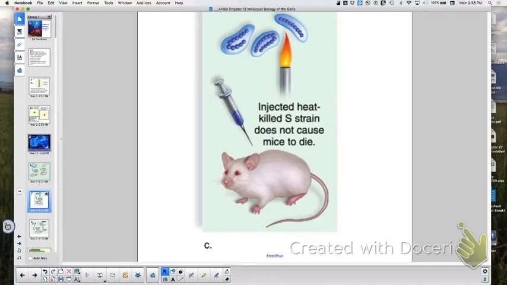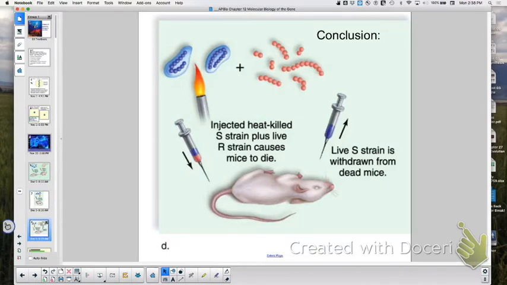So they were definitely dead. Then they took some dead S and mixed it in with some live R. And lo and behold, the mice start dying again. So what he proposed is that R picked up something from the dead S. Today we call that transformation.